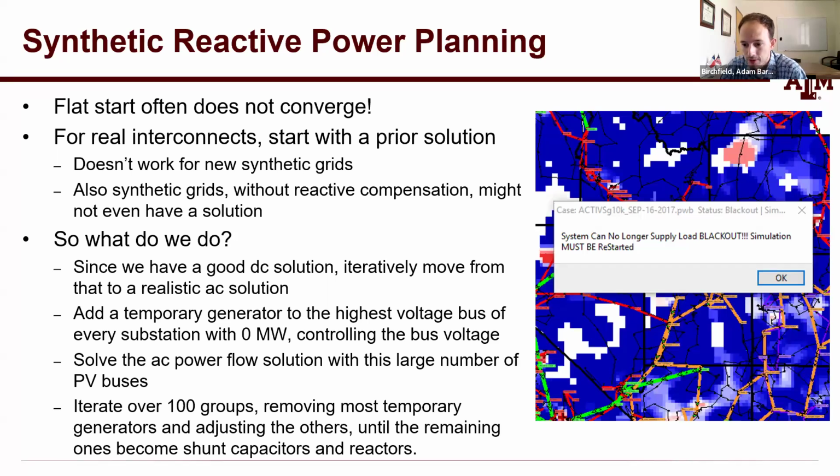With this AC power flow solution, with a large number of PV buses, we can begin to iteratively move towards something a little more realistic.